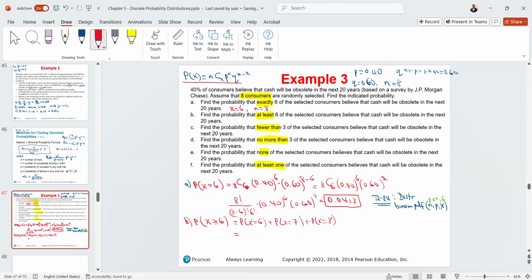If we do it here, it would be 8C6 times 0.40 to the power 6, because X is 6, times 0.60 to the power 8 minus 6, plus 8C7, because you need to do all of them, times 0.40 to the power 7, times 0.60 to the power 8 minus 7, plus 8C8 times 0.40 to the power 8 times 0.60 to the power 8 minus 8. So that's how we're going to proceed to do these computations.